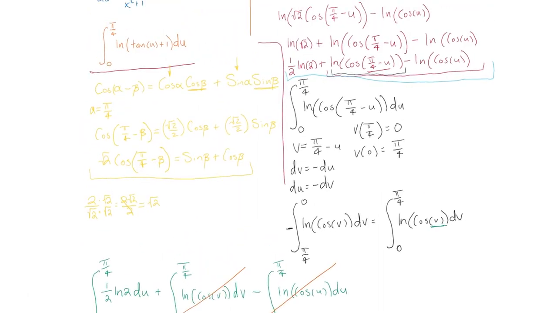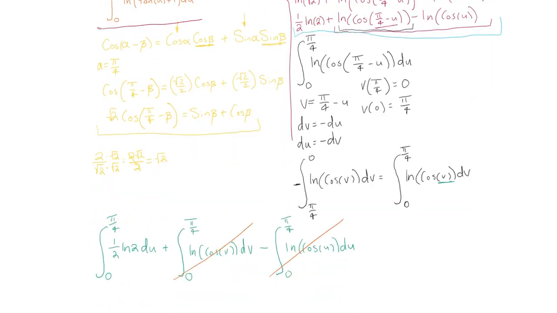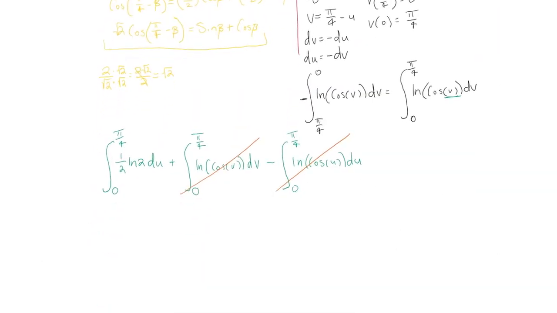And now what we have is just the integral from 0 to pi over 4 of 1/2 ln 2. So now if we evaluate the integral of this, that would be 1/2 ln 2 times x, evaluated from 0 to pi over 4.